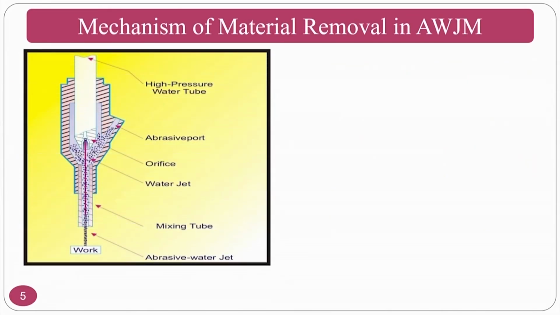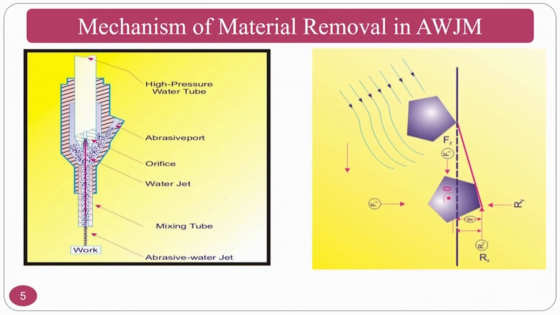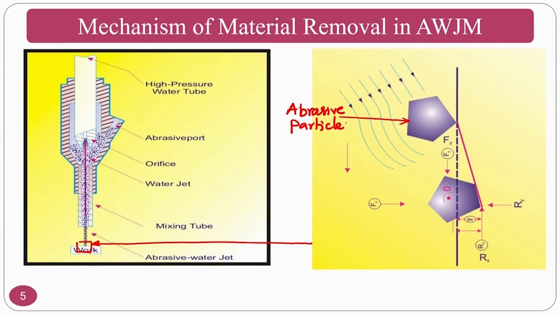So, the material removal mechanism, as you have seen in a similar figure in the previous one, whenever the abrasive particles hit the workpiece. Okay. So, this is the machining region. If you take the machining region here, what is going to happen is, if your jet is coming like this and this is your abrasive particle, and this is a carrier medium, that is water.